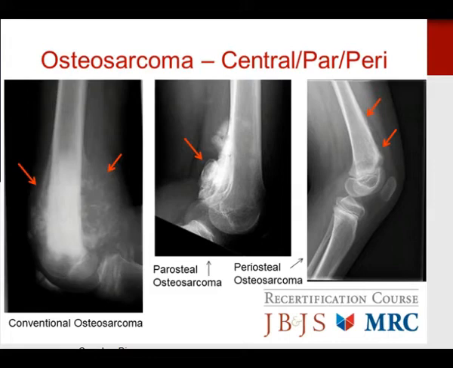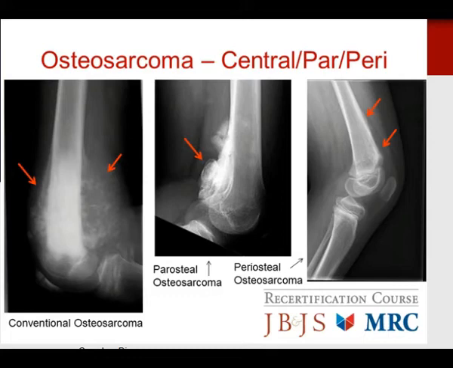In contrast, the two images to the right are surface osteosarcomas. The lesion in the middle is a parosteal osteosarcoma. This is a low-grade surface lesion that is essentially low-grade malignant bone stuck on the surface of the femur. The picture shown here is the most classic area where parosteal osteosarcoma occurs, the posterior distal femur.